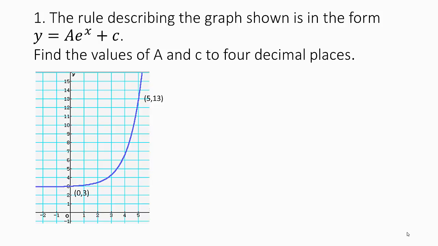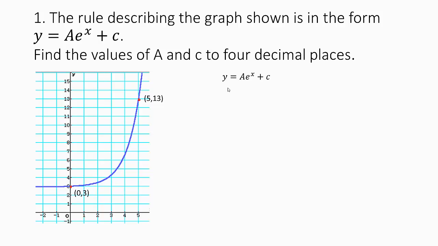You look at the graph here and you can see they've given us 2 points: x equals 5, y equals 13, and x equals 0, y equals 3.